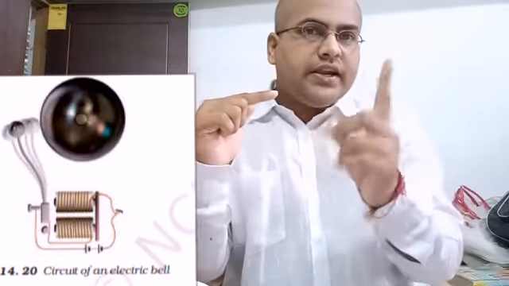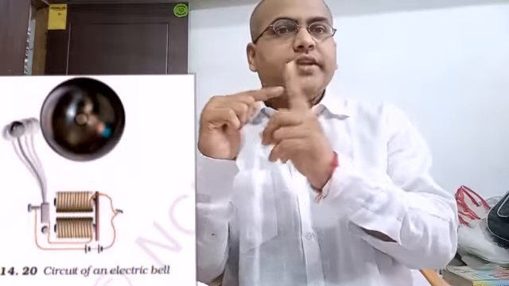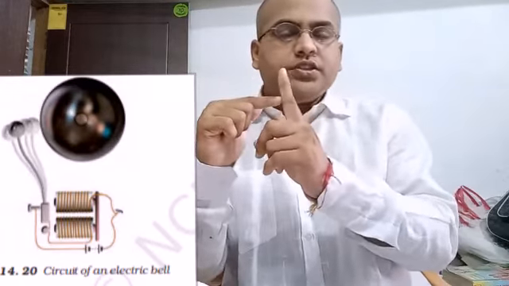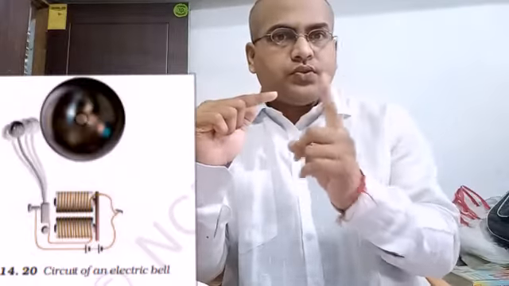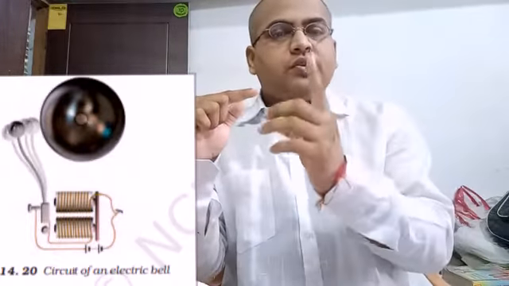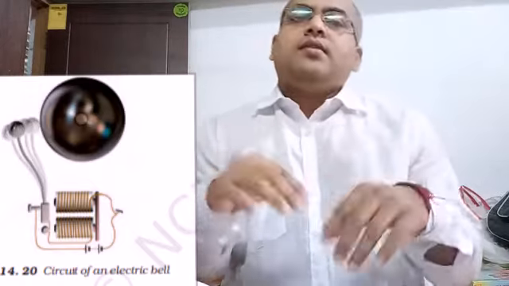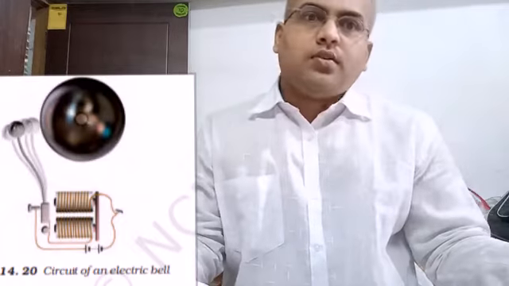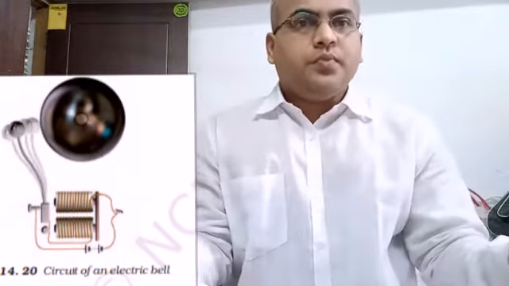Whenever it hits the gong, the circuit is broken because the strip is removed from the screw. The circuit is broken, and the electromagnet turns into a normal coil because the circuit is broken.